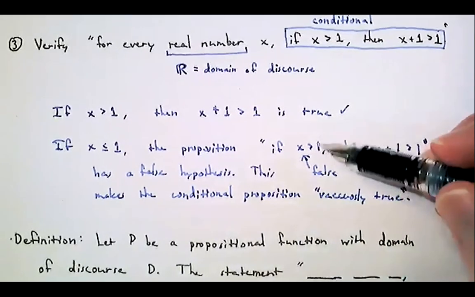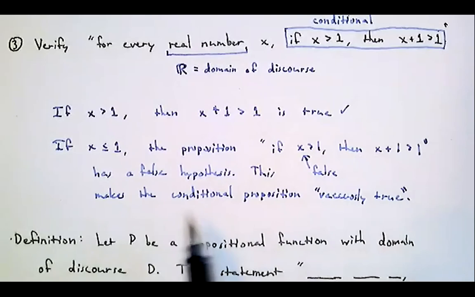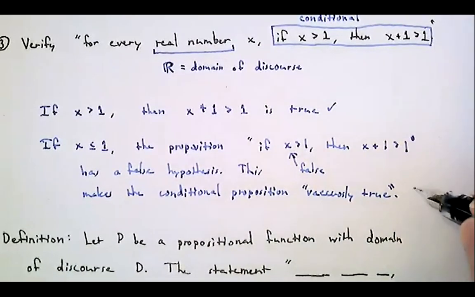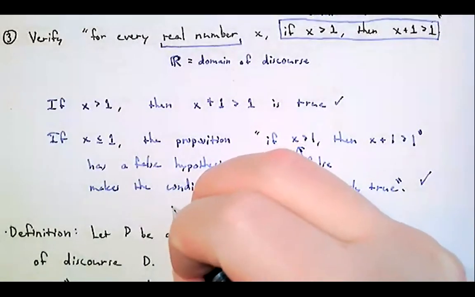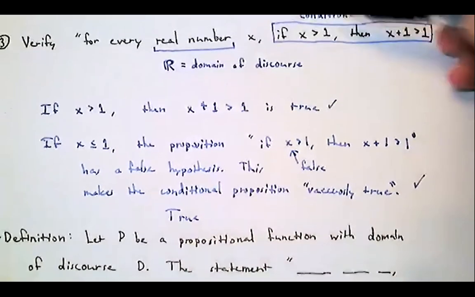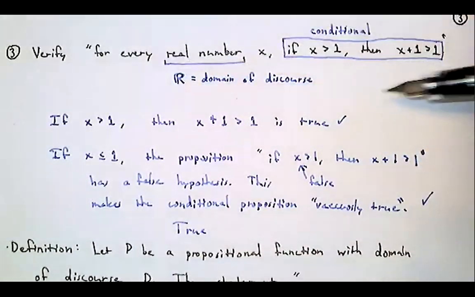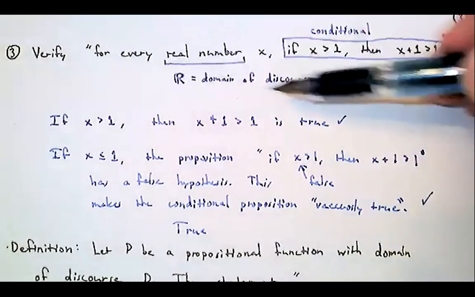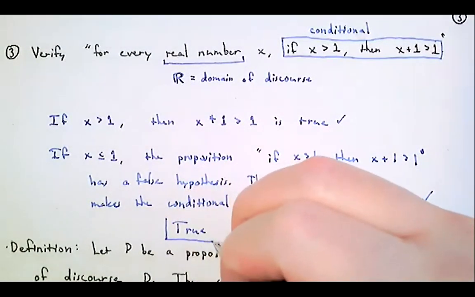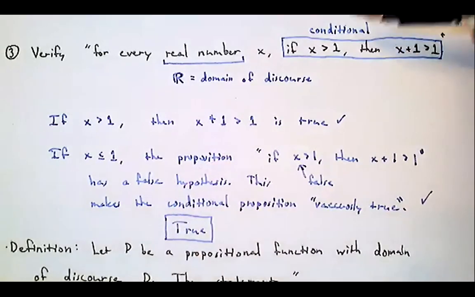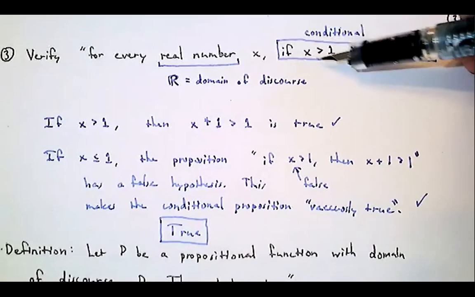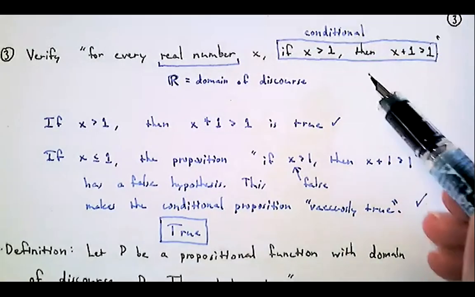So even though the hypothesis is false, the conditional statement is still true. So overall, this universally quantified statement is true. And it doesn't matter what happens when the hypothesis is false, because it's vacuously true.